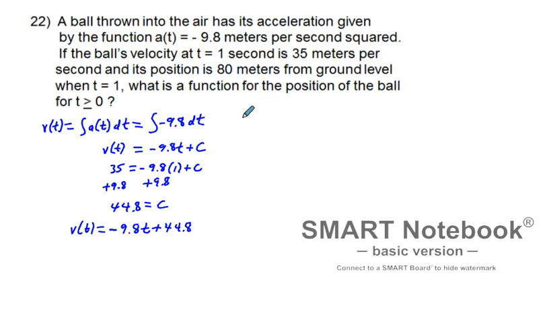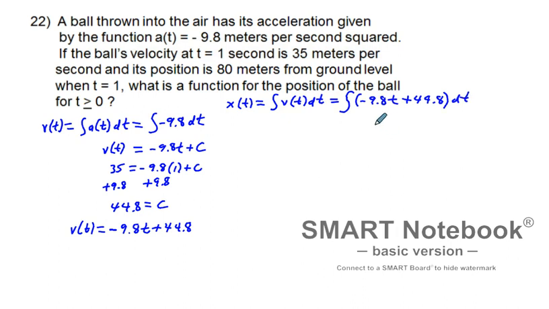The next one we're going to have is our position, x of t, which is going to be equal to the integral of v of t dt, which is the integral of negative 9.8 t plus 44.8 dt.